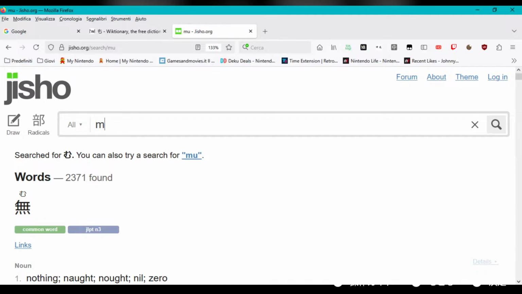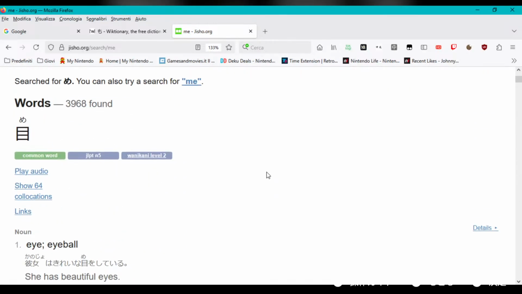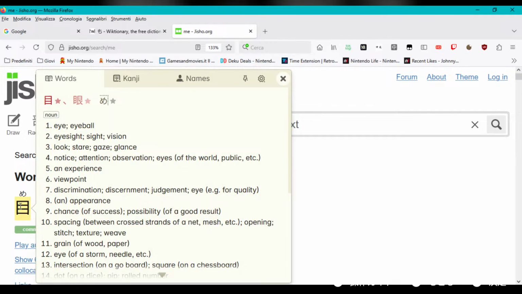Let's see some words. Okay, everything is going well. Me, accented, I. Also eyeball, but usually it's more generic.